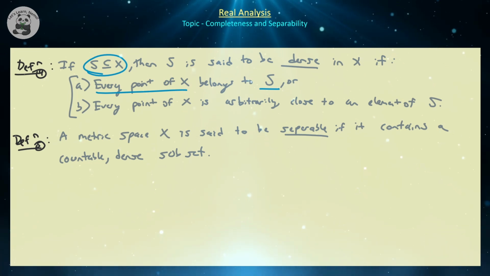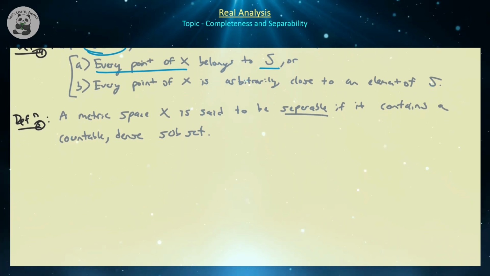So dense in X. Practically, if you look at any number in X, if you create a little epsilon neighborhood around that point, you're always going to have an element of S in that neighborhood. And if a metric space X is separable, what we mean when we say it's separable is that it contains a countable dense subset.